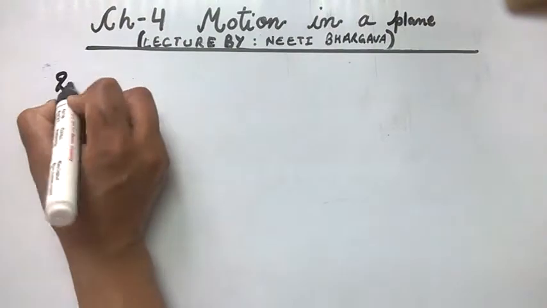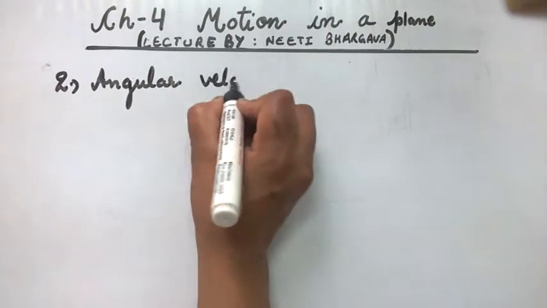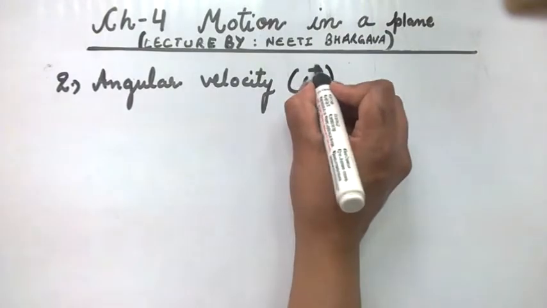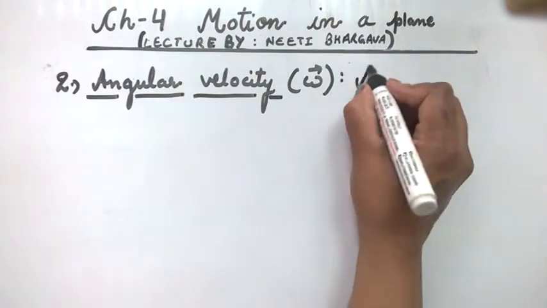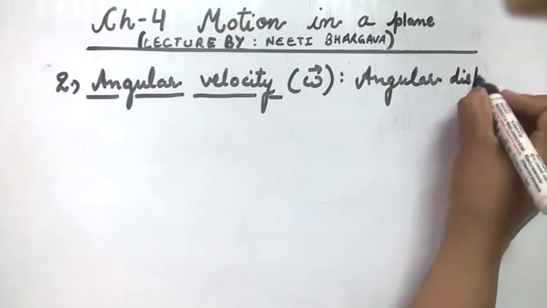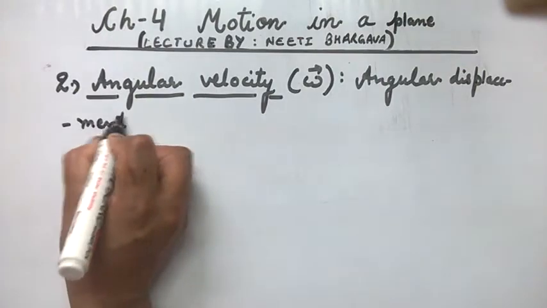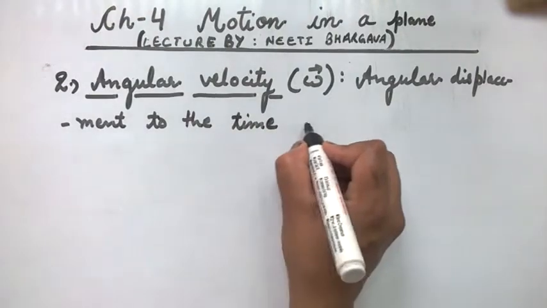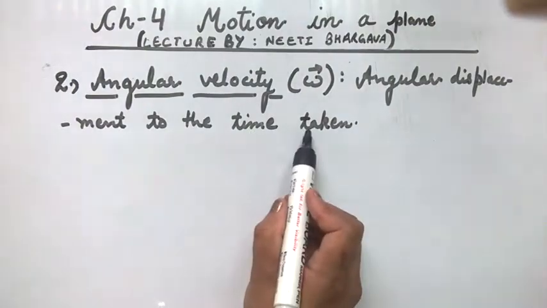Next is angular velocity. Its symbol is omega and it's a vector quantity. It is defined as angular displacement to the time taken for a small time interval.